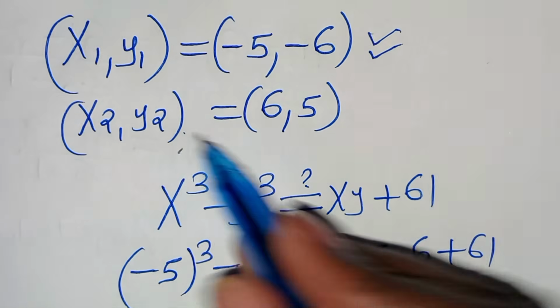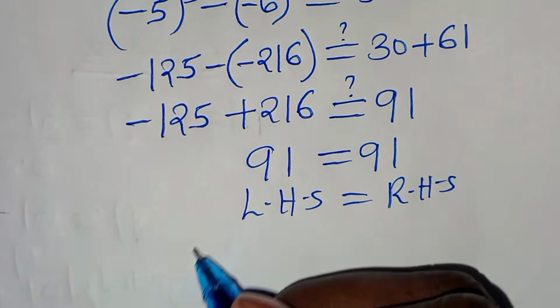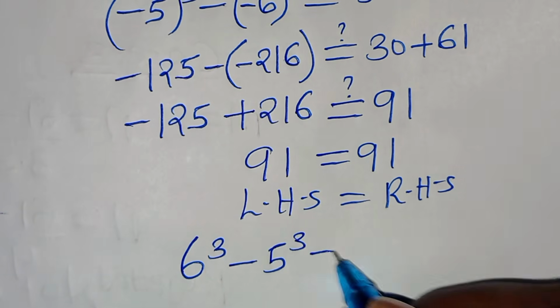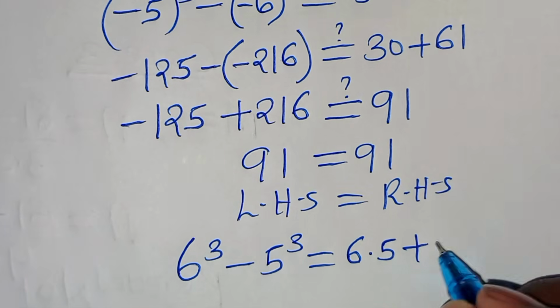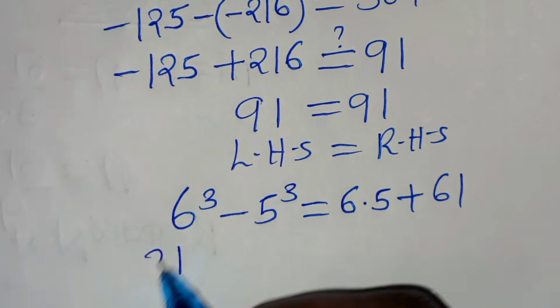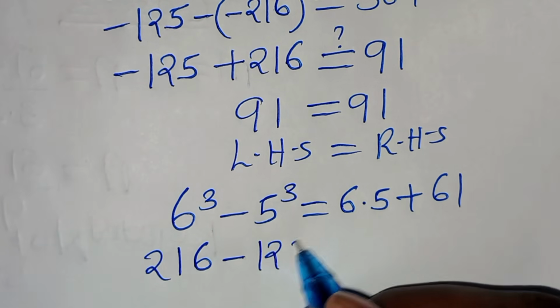Let's check x2, y2 here. We have 6 to the power of 3 minus 5 to the power of 3, which is equal to 6 times 5 plus 61. So 6 to the power of 3 is 216, minus 5 to the power of 3, which is 125.